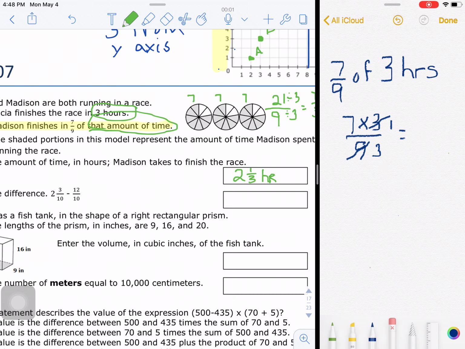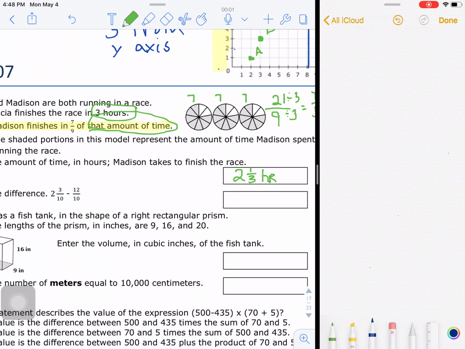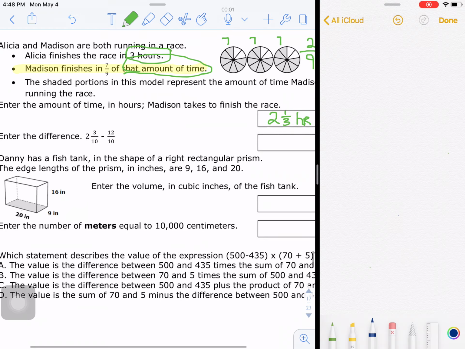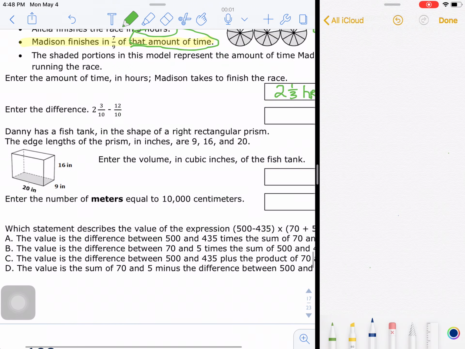The other way we could think of that is maybe we look at 7/9 and think, oh, it's about 2/3, and 2/3 of 3 is 2. So again, when we do estimation, we're looking for things that would get us in the ballpark, that would be close, to help to see if our answer makes sense.